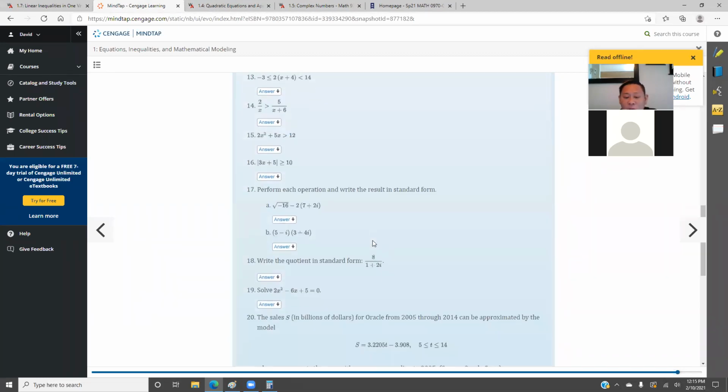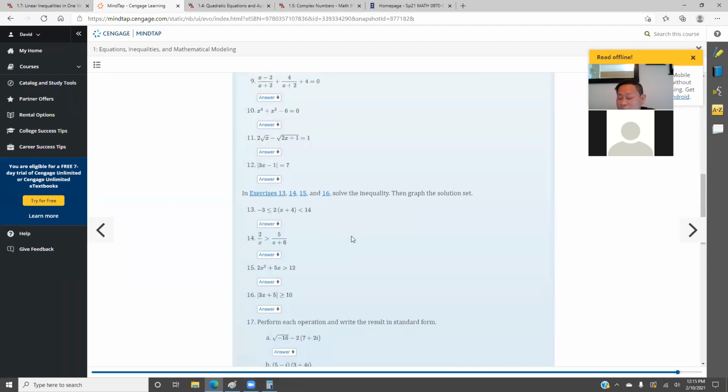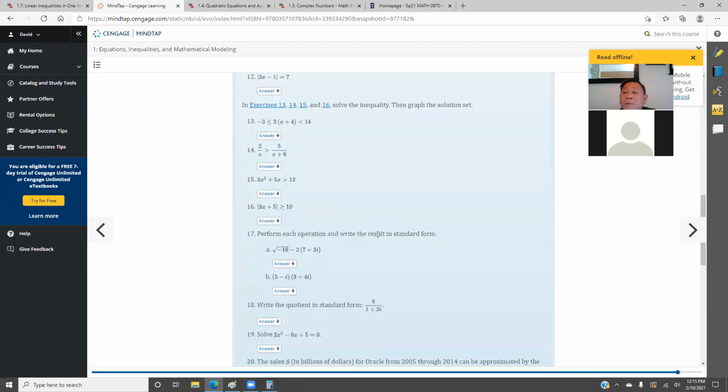I will teach you how to do that, and then we'll do a little bit of how you do complex numbers like this kind. And then I'll look at how you do your quadratic formula. This one requires you to use the quadratic formula, and I want to see how you do it, because in your test it will be something like that. I will go over these few questions today at 3 o'clock with you.